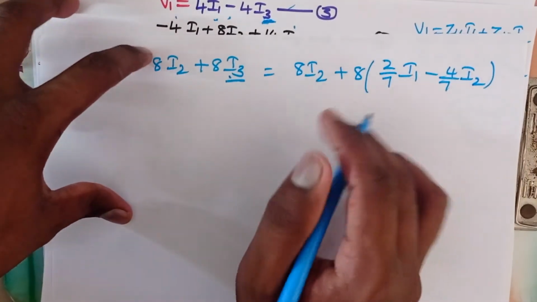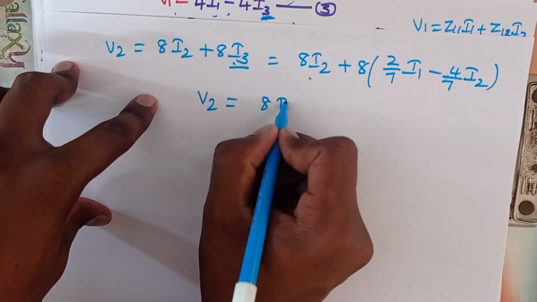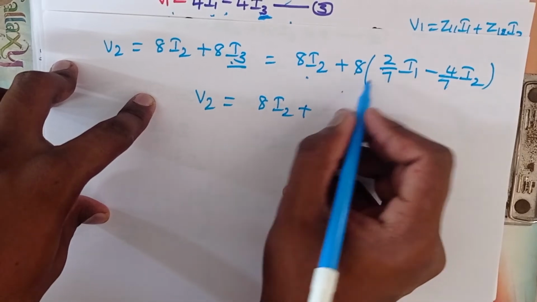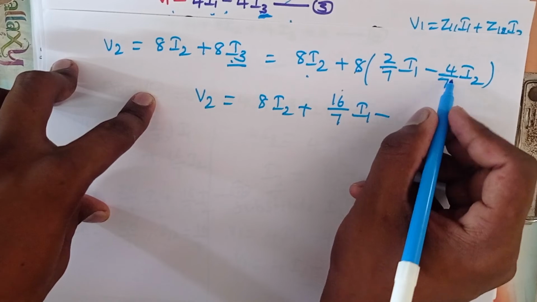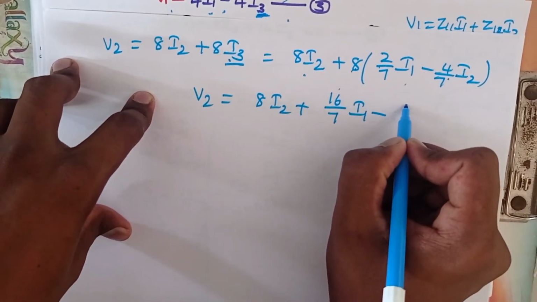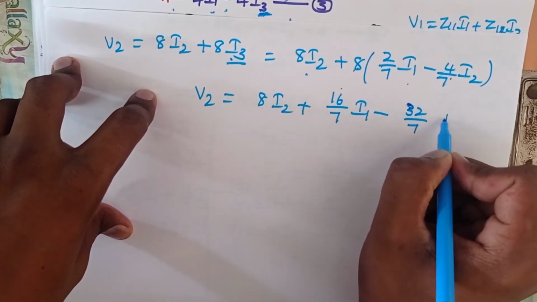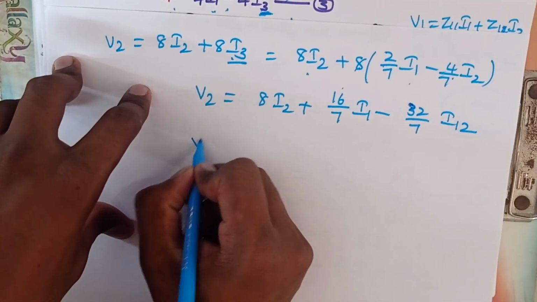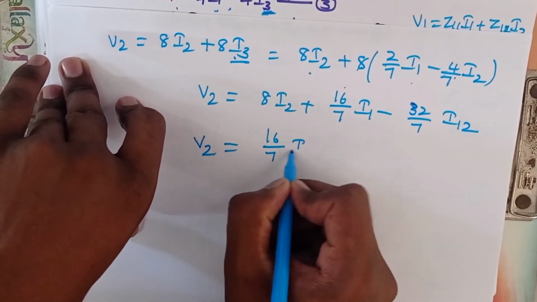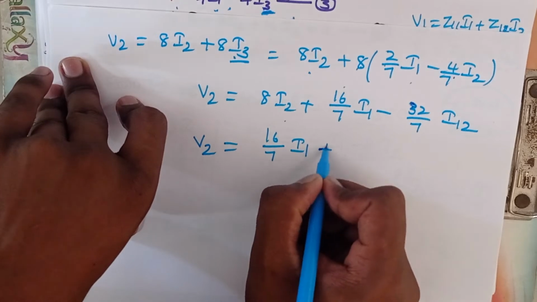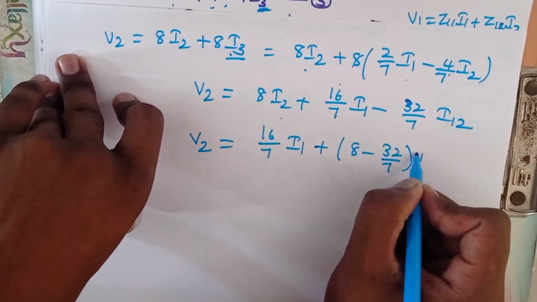Now V2 is equal to 8I2 plus 8 2s are 16, 16 by 7 I1 minus 8 4s are 32 by 7 I2. That is V2 equal to 16 by 7 I1 plus 8 minus 32 by 7 I2.